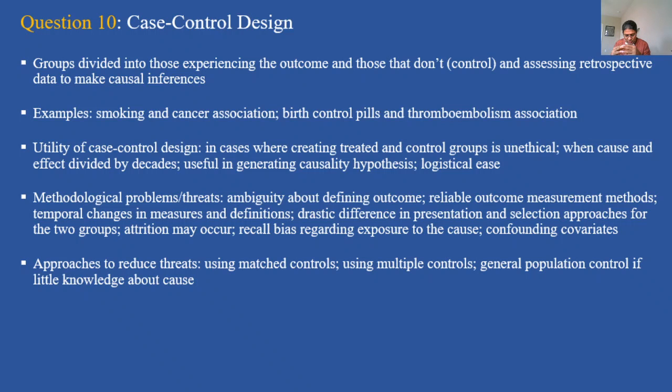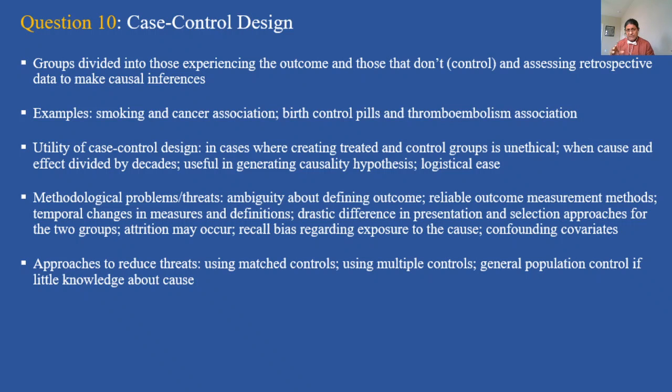So retrospective data is studied and then is used to assign the cause based on the outcome to the group that has experienced the outcome. The data is studied for them and those who haven't experienced the outcome, and then the cause is typically teased out and identified with the treatment effect or the outcome effect.